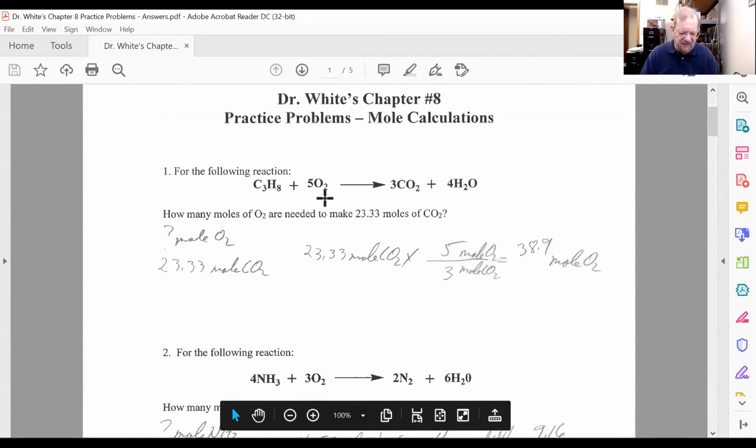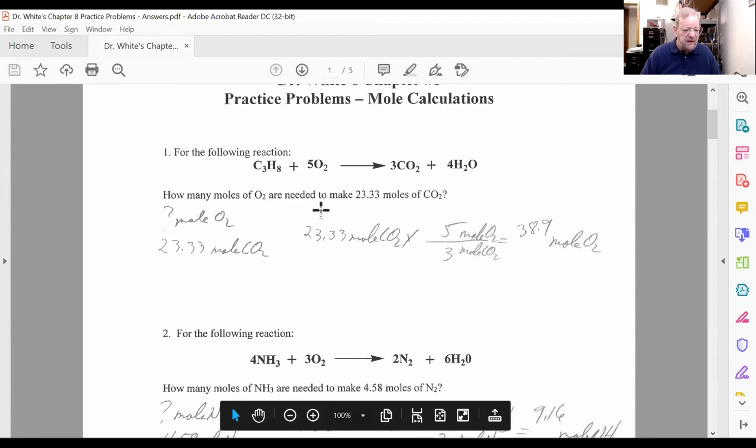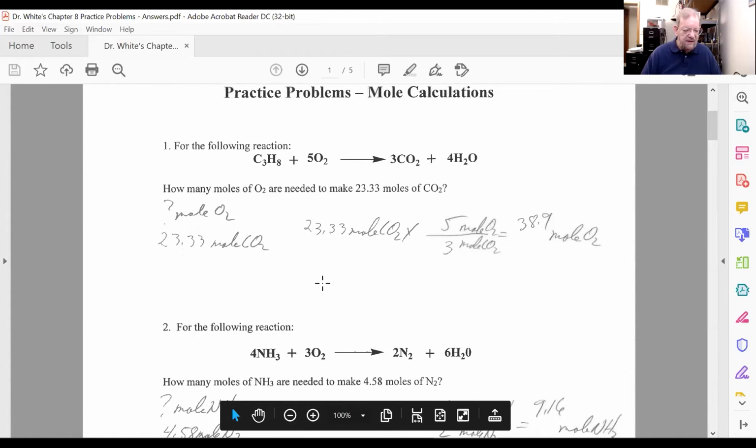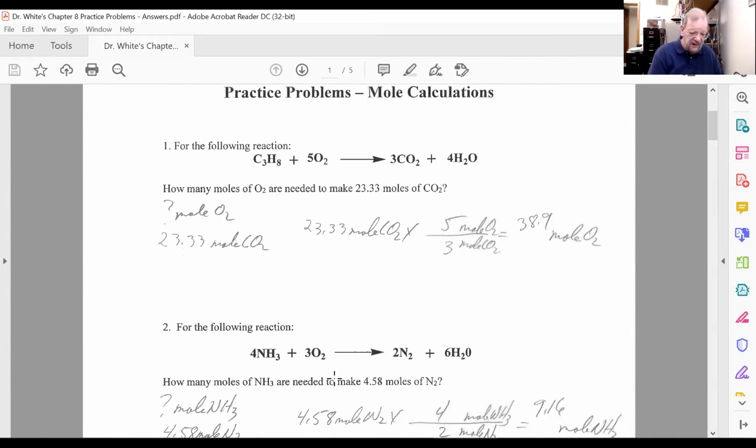From the balanced chemical equation. I'm writing something down.